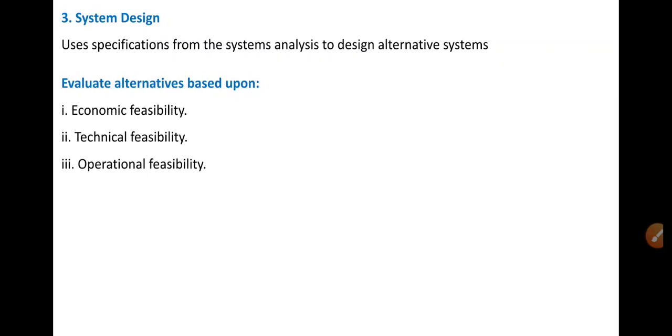So this is how the system will be designed. This is the third step, system design. Very simple it is. System design in the sense of using specifications to decide how the information system should be in an infrastructure manner. That is what system design.